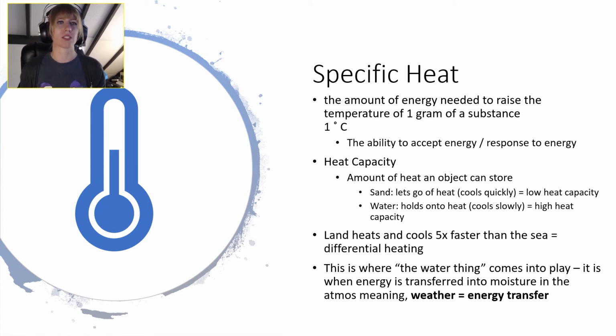And so like I said, this is the water thing that comes into play, where it's basically energy transferal into the atmosphere. Okay, energy is transferred into moisture in the atmosphere, leading to rain or other things. So it's energy transfer.